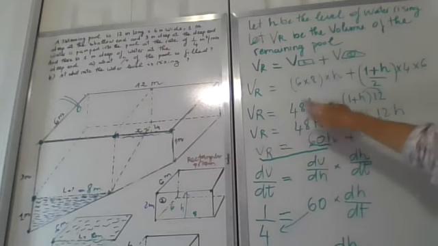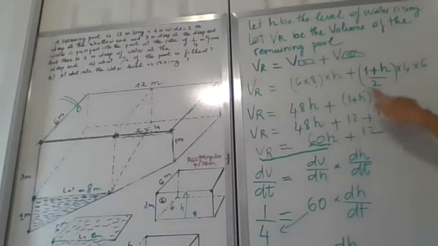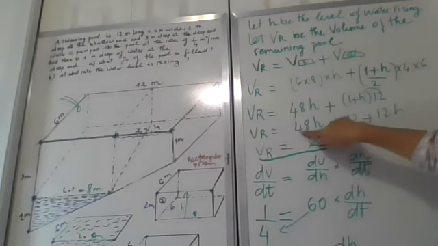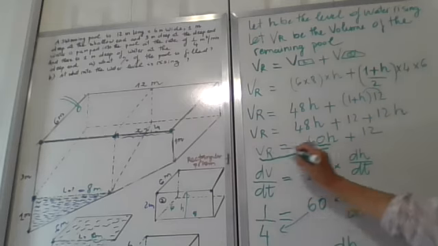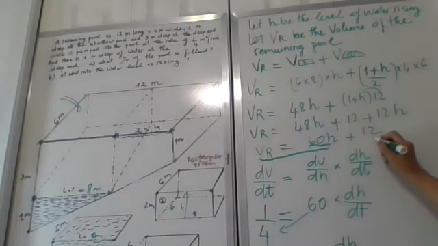So we calculate, we get 48H, adding 12H, because 4 times 6, 24 divided by 2 is 12. So we distribute this to here, we get 12H. Because they are like terms, we can add 48H and 12H, which equals 60H, right? So volume remaining equals 60H plus 12.